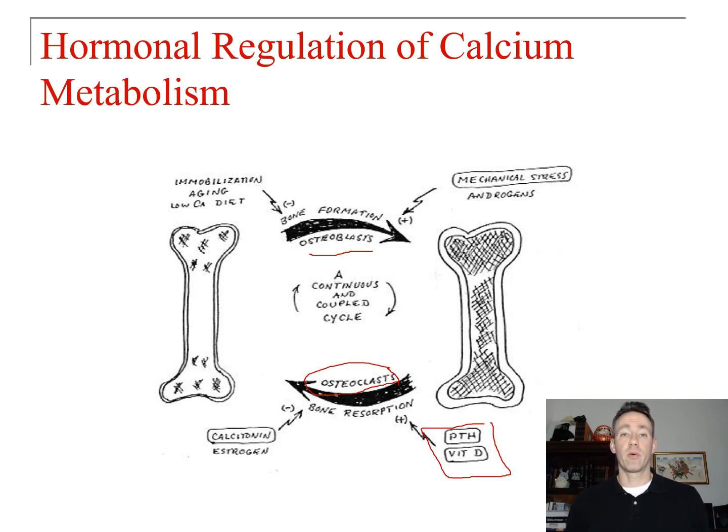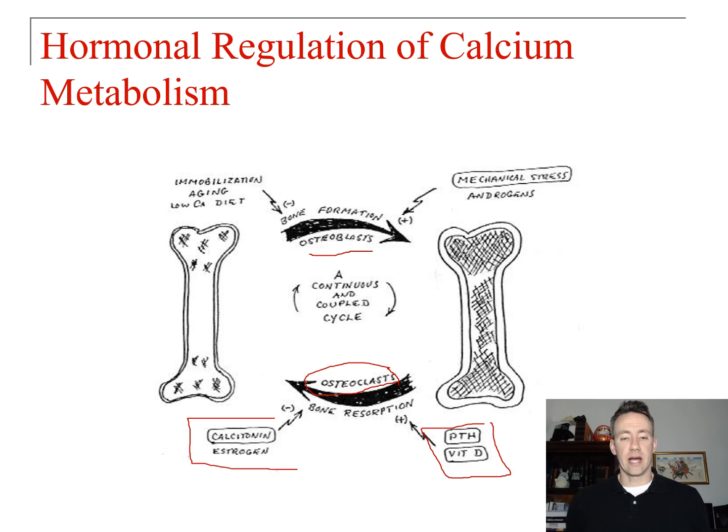Parathyroid hormone, in addition to doing that, has multiple other actions, which we'll get to, but one of them is initiating vitamin D synthesis and secretion from the kidneys. Vitamin D then acts synergistically with parathyroid hormone in helping to increase blood calcium levels.